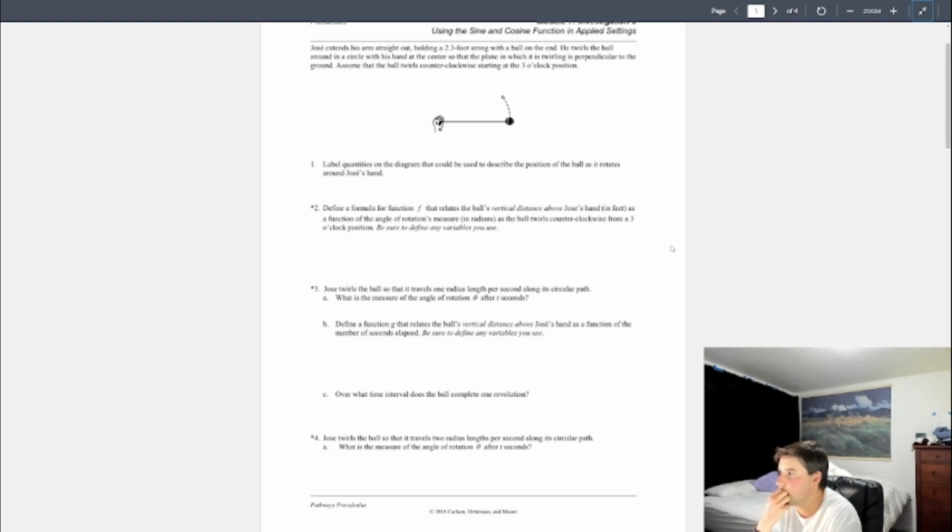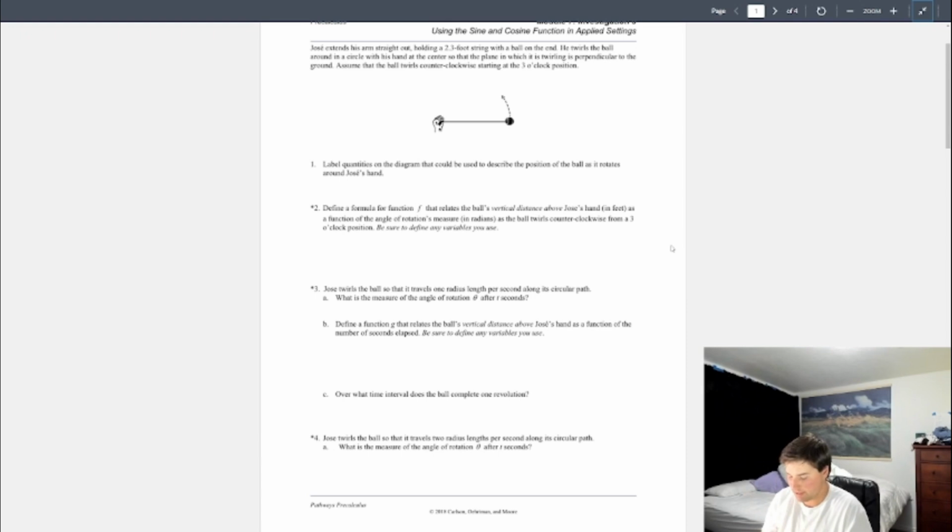This would mean that in 6.28 seconds, it would travel the full thing, approximately, because there are 6.28 radians in a full circle, one time around. What is the measure of angle of rotation theta after t seconds?